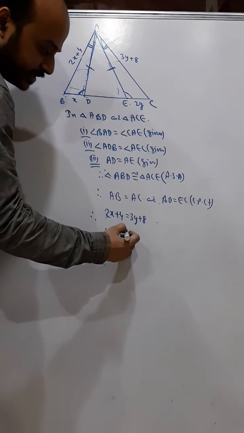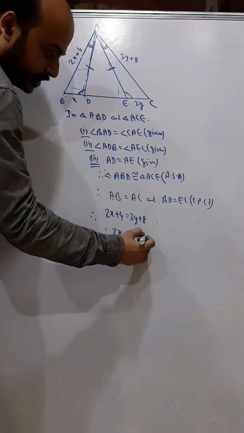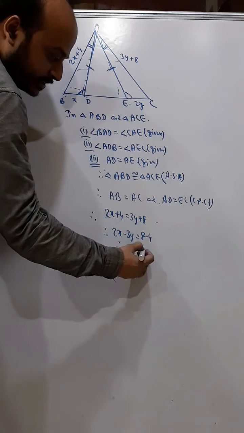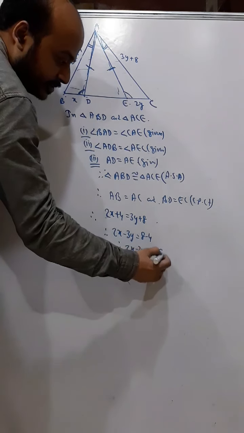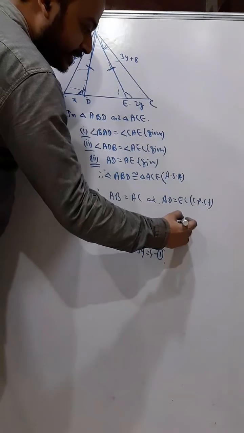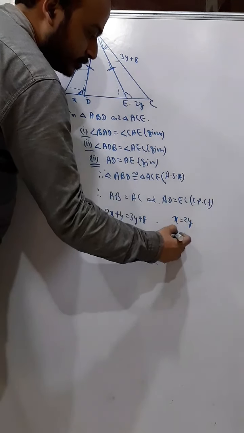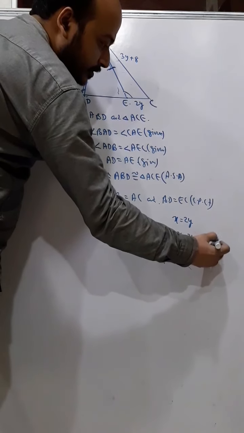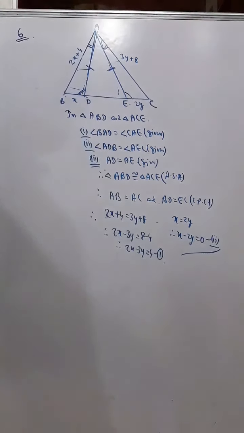So 2x minus 3y is equal to 8 minus 4. So 2x minus 3y is equal to 4. So this is my first equation, and we can also say that x is equal to 2y. So therefore x minus 2y is equal to 0. So this is my second equation.